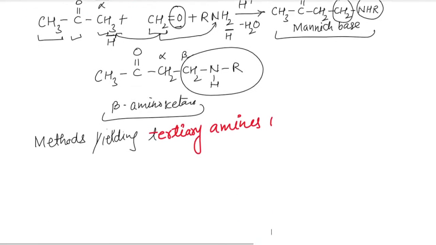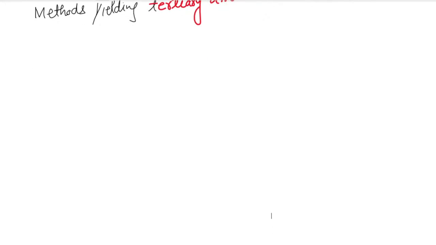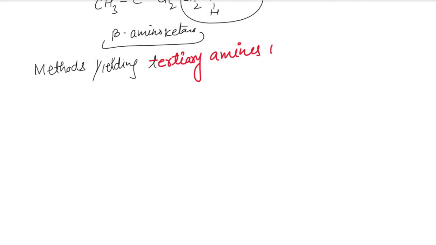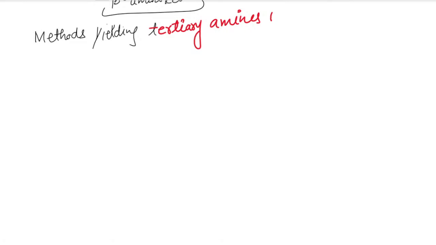Now next is to prepare tertiary amines. To prepare tertiary amines, first let us have this compound: CH3, C double bond O, and N, CH3, CH3, okay.